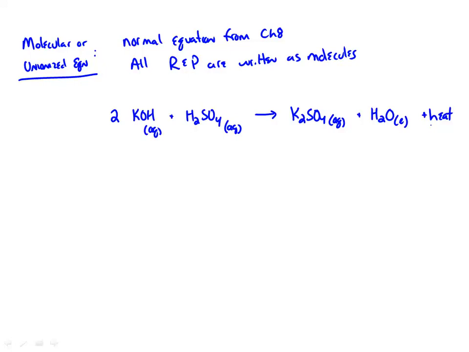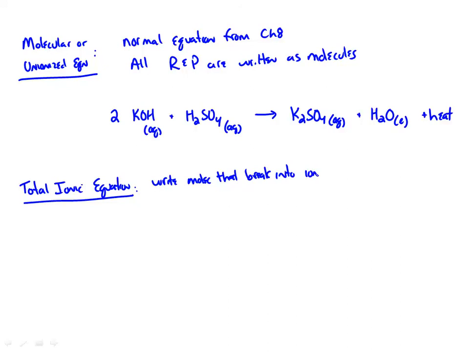Okay, the second type of equation that we tend to write is something called the total ionic equation. And what this does is we write molecules that break into ions as ions.